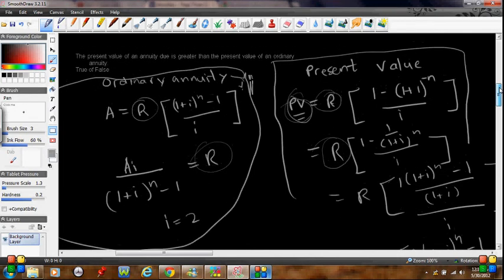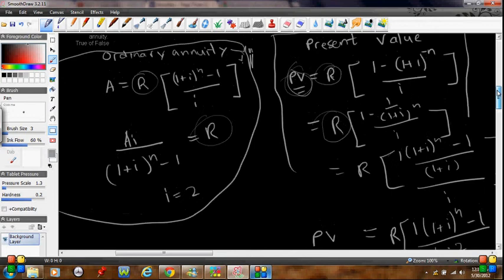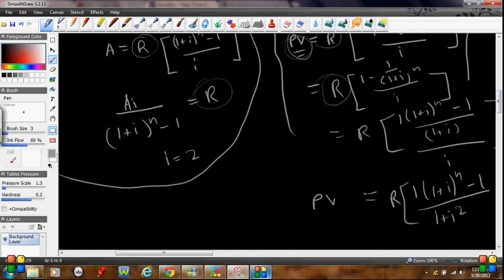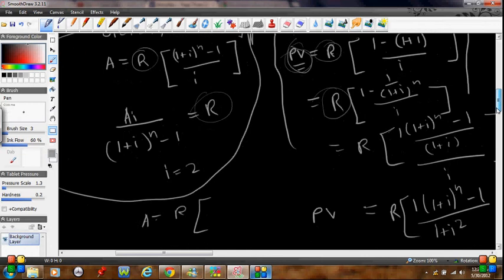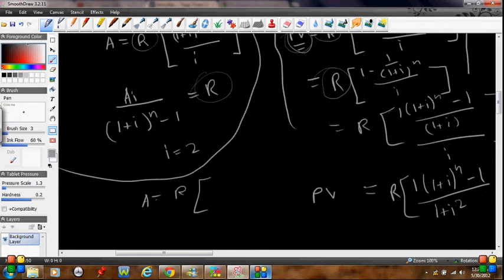I mean, essentially, if you compare A to PV, then in this case, what you would have is not AI. You would have A is equal to R bracket 1 plus I to the power of n minus 1 over just I, right?